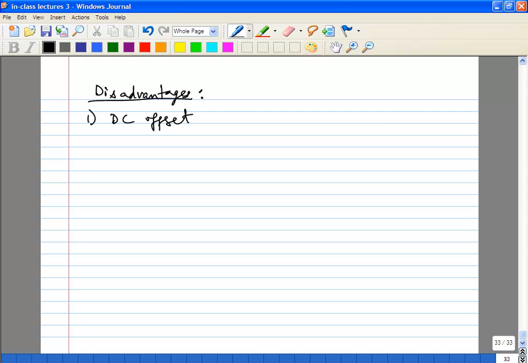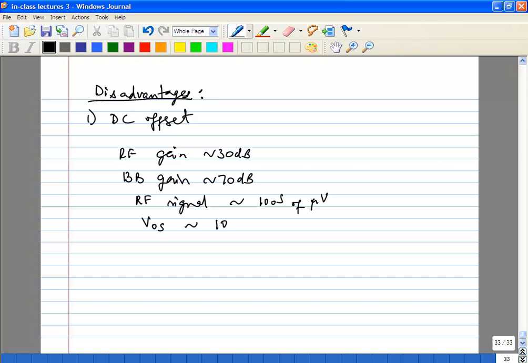Typically, what you need is an overall gain from your system of maybe 100 dB or so, and most of your gain will be coming from the baseband. Your input referred offset could be in tens of millivolts.